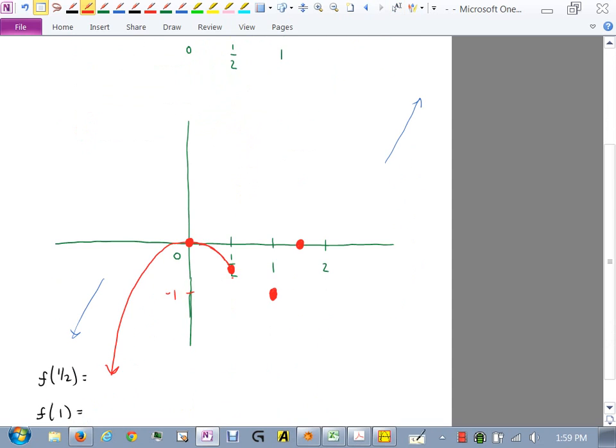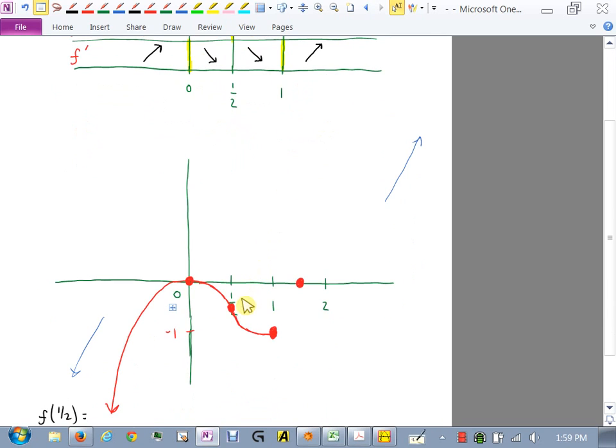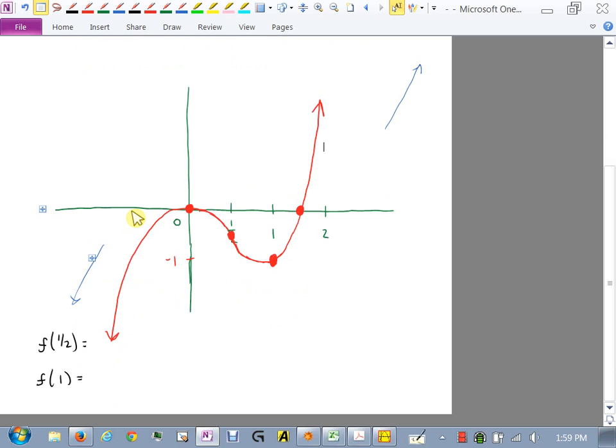So it's got to go like this. And then from this point, the rest of the way, it has to be the right side of a smile. But I've also got to go through that x-intercept. There it is.